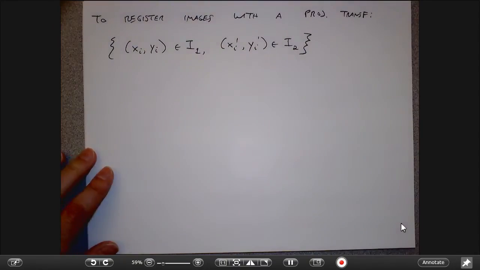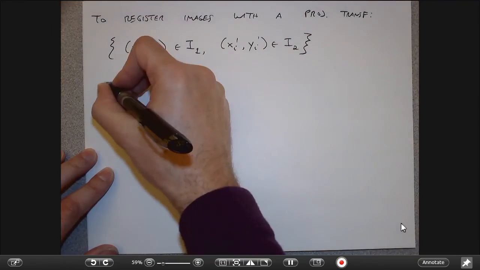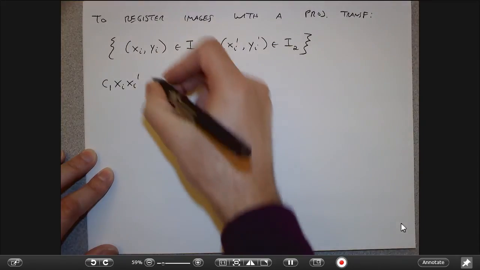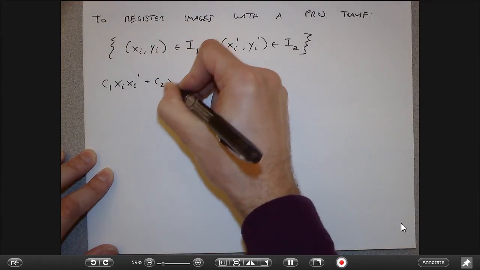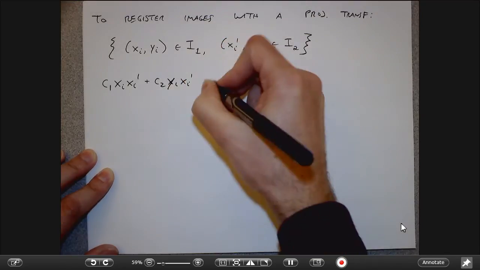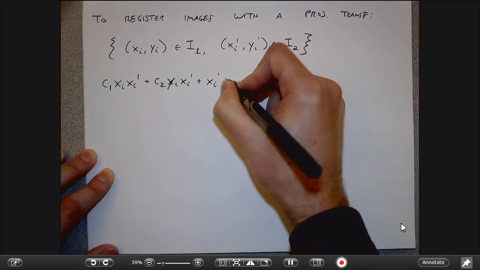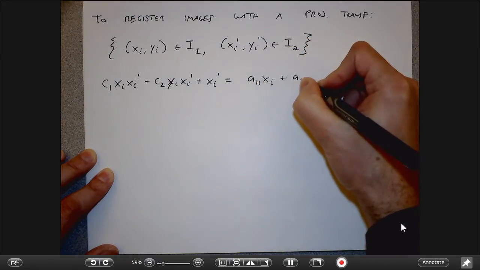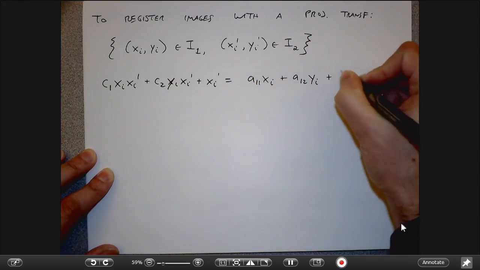So what does that mean for the first equation? That says that I have C1 xi xi prime plus C2 yi xi prime plus xi prime equals A11 xi plus A12 yi plus B1.